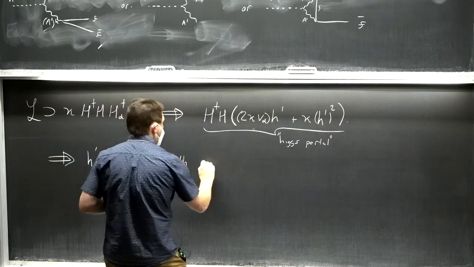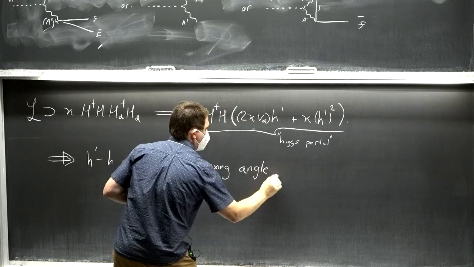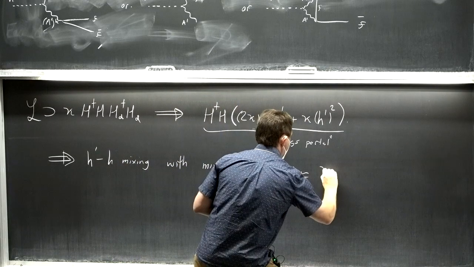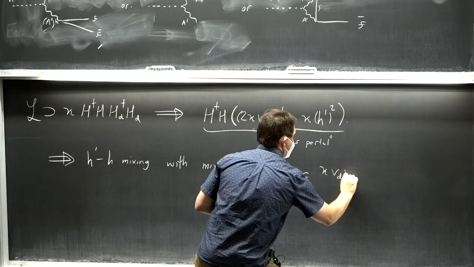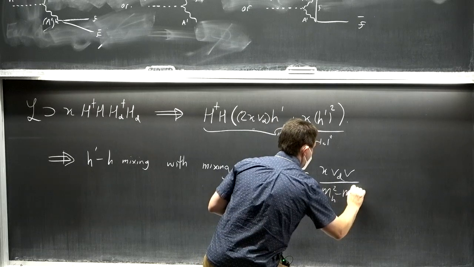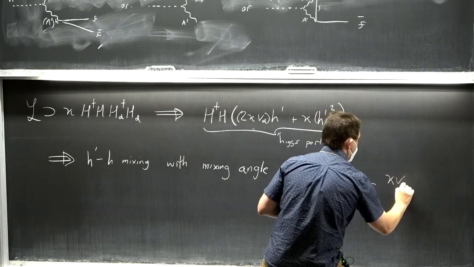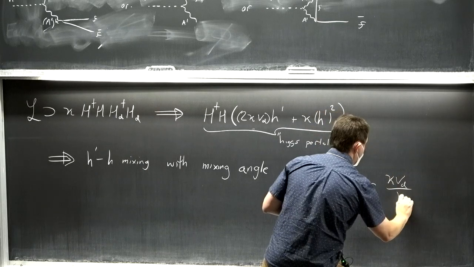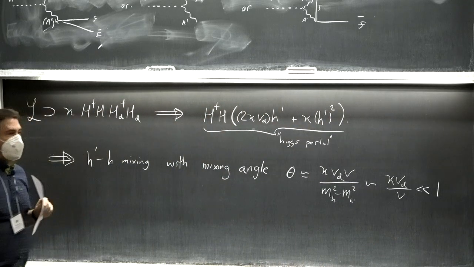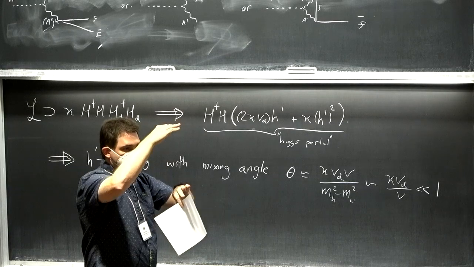And the mixing angle is roughly kappa V dark V over M Higgs squared minus M prime squared, which for the range we're considering for small kappa is kappa V dark over V, which is much less than 1. It's a very small mixing angle, provided kappa is small and you have this hierarchy of scales.